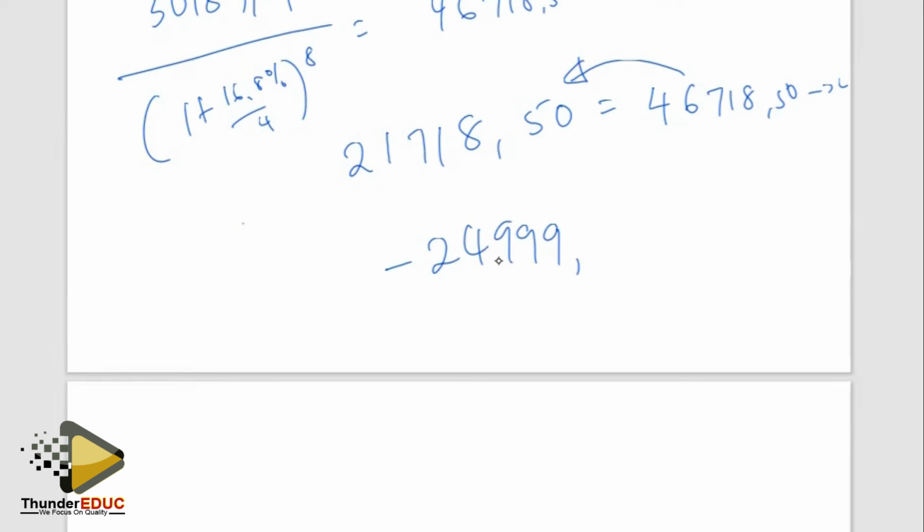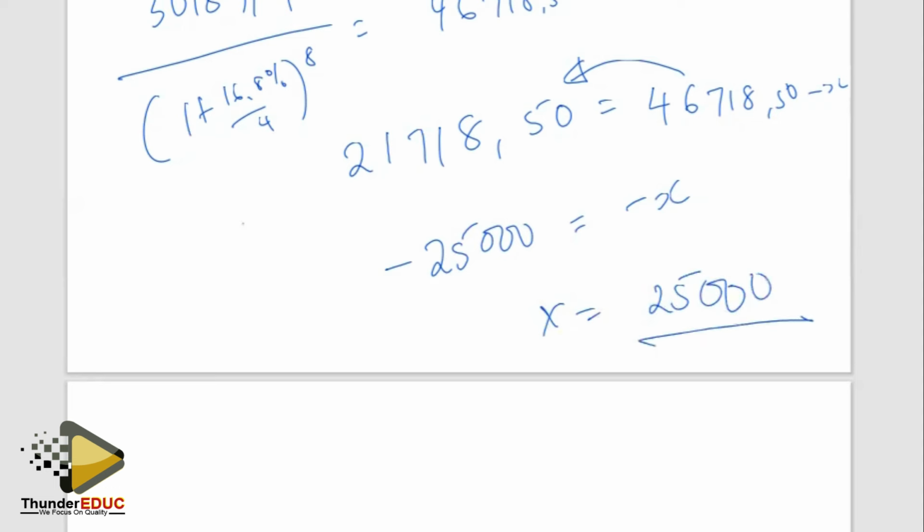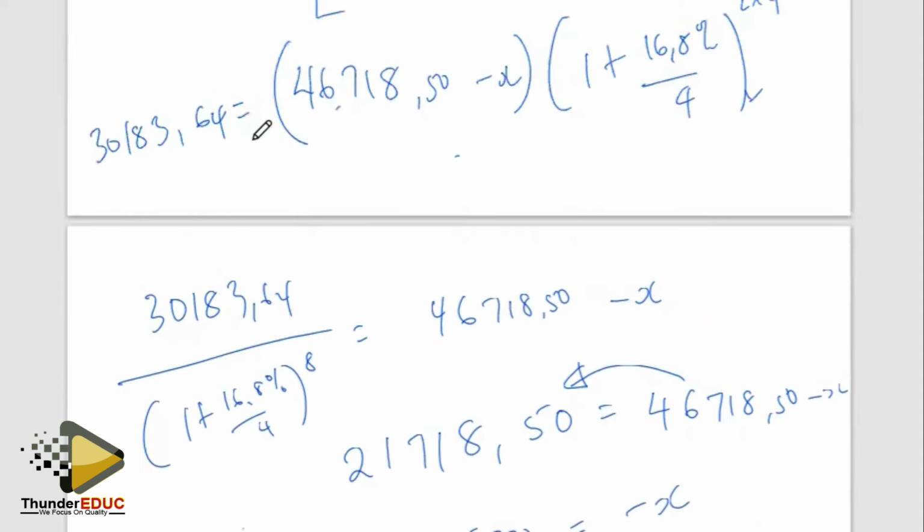That's giving me 25,000. So 25,000 is equal to negative X, which means the amount that this person withdrew was just 25,000 rand. Guys, that is just the idea or the concept. There are always simpler ways of doing it. Feel free to use them.